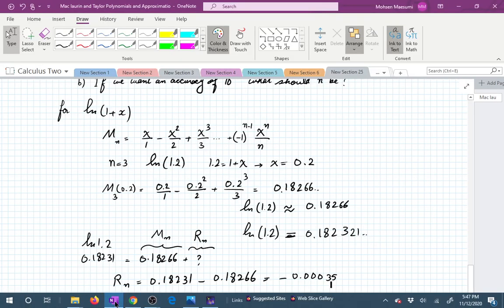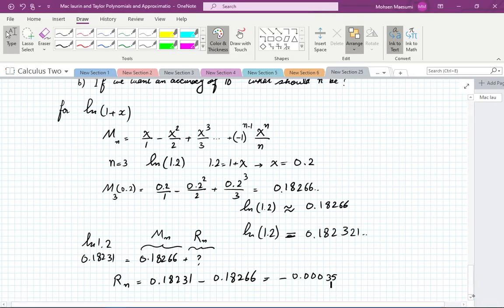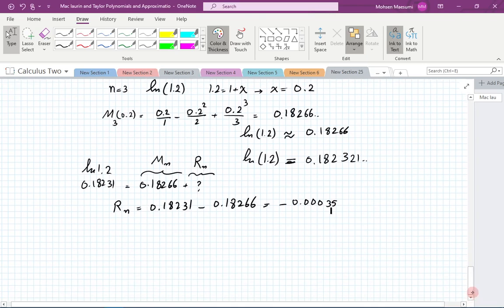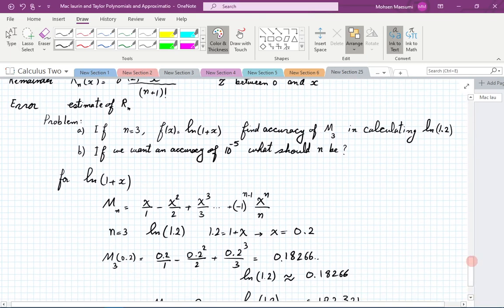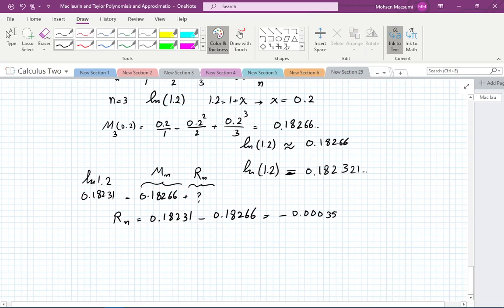And that's what we said is going to take a bit more work. So what's the accuracy of M3? The accuracy, or the error, is about 0.0004. Now, next question.